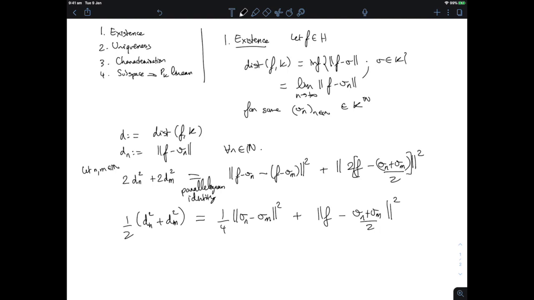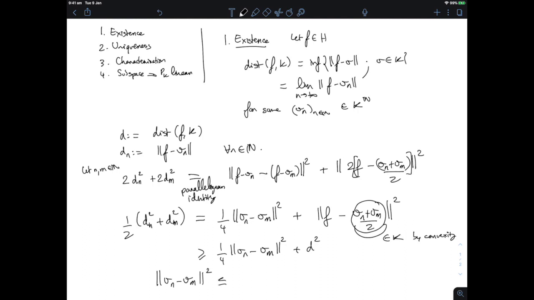And now the point is that because this is in K by convexity, what I have on the right hand side has to be greater than 1/4 of the norm of vn minus vm squared plus d squared, because the distance between f and K is an infimum. So if I look at a particular point in K being this, then I get something that has to be greater than the infimum. And now, what does that tell me about the quantity I care about, vn minus vm squared?